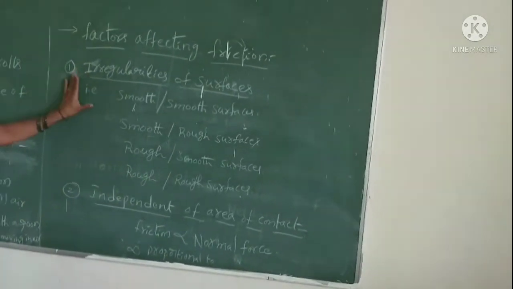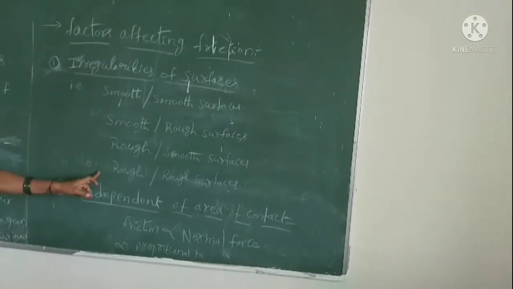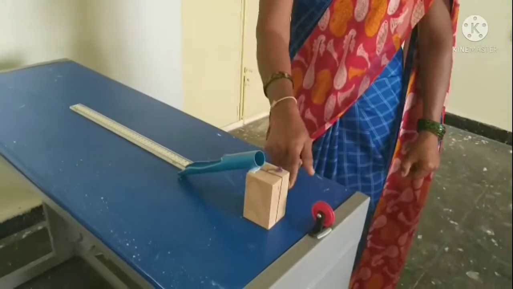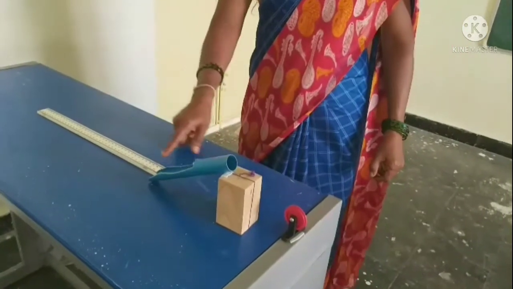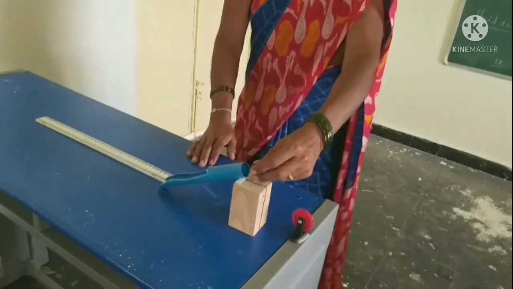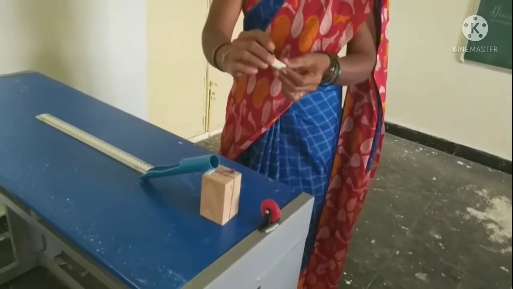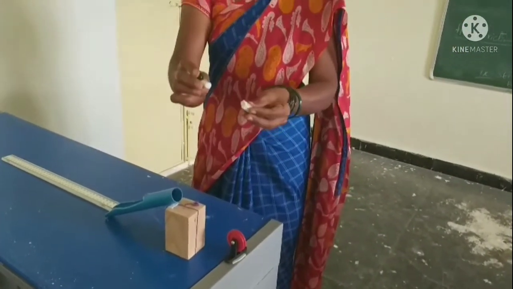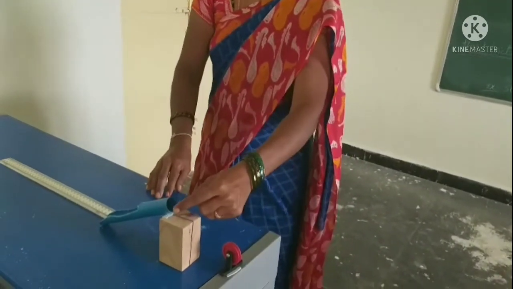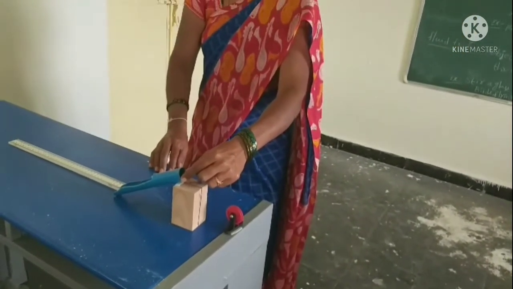These are the irregularities of surfaces. The object depends upon these surfaces. Observe an inclined plane, an example of irregularities of surfaces. The table is a smooth surface and the inclined plane is a smooth surface. Take a marble, an eraser, and a chalk piece. These three objects are moved on the inclined plane. All of you observe.